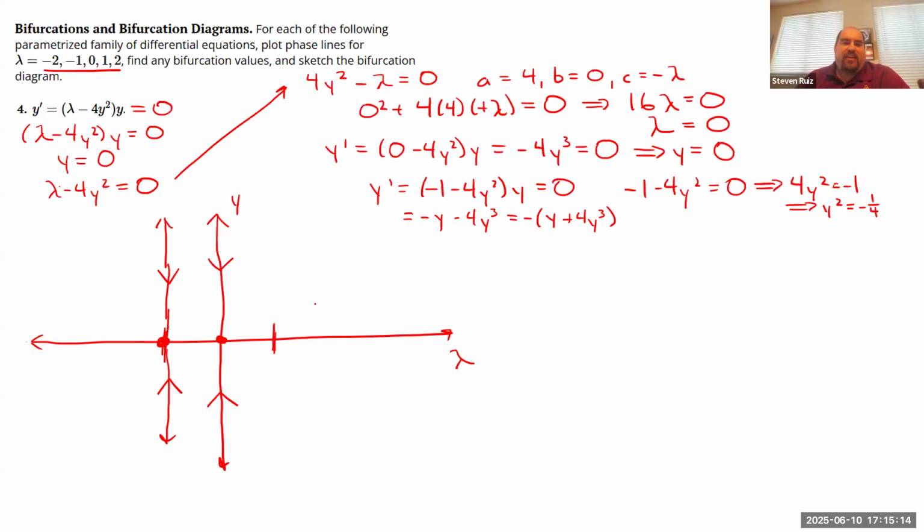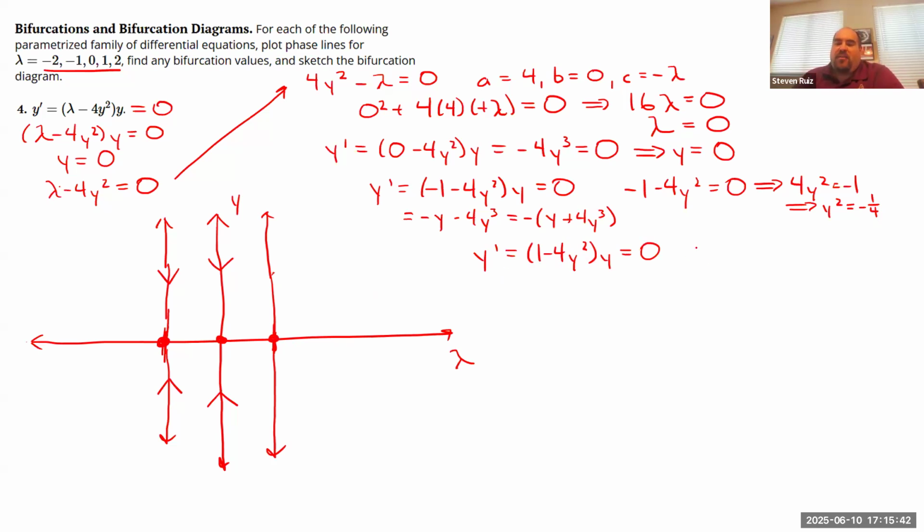So let's make sure we have bifurcation if we go to the right. What happens when lambda equals 1? Then I get y prime equals (1 minus 4y squared) times y equals 0. Like I've already said a couple of times, we're going to have equilibrium at the horizontal axis, y equals 0.